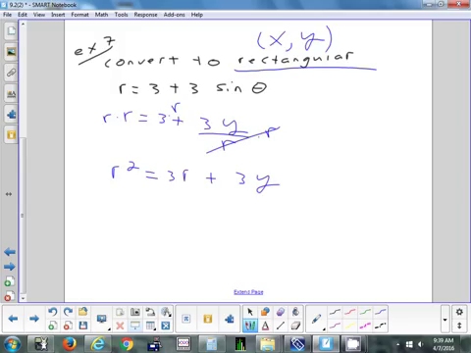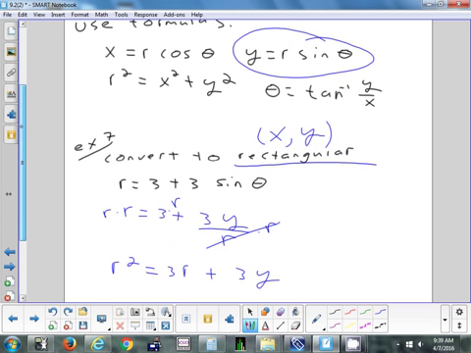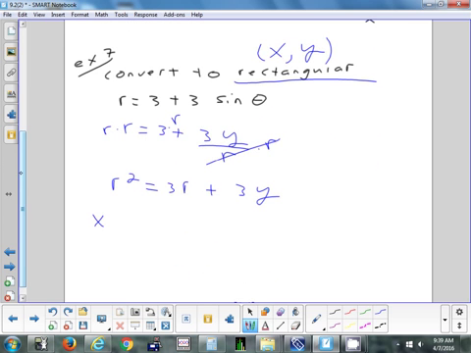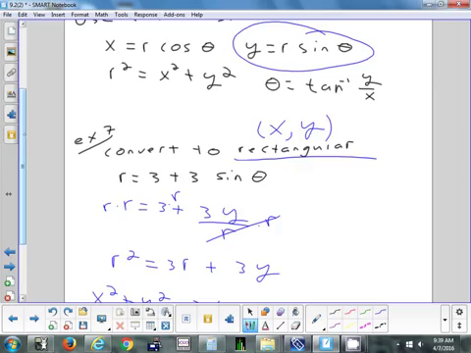Now the last thing I have to get rid of is r squared and r. Do I have a formula for r squared? Yeah, what's r squared? r squared equals x squared plus y squared. Now, if r squared is x squared plus y squared, what would r be?